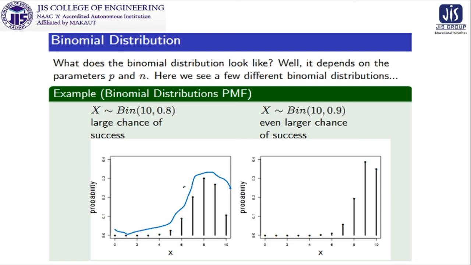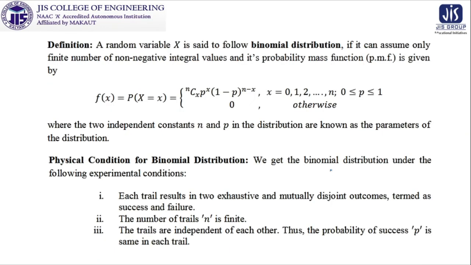And if we think of an even larger chance, 0.9, it is not only shifted, it is shifted and more steep toward the right-hand side. So these graphical representations, these visualizations, are very important. Only then can you proceed further with the discussion of the binomial distribution.